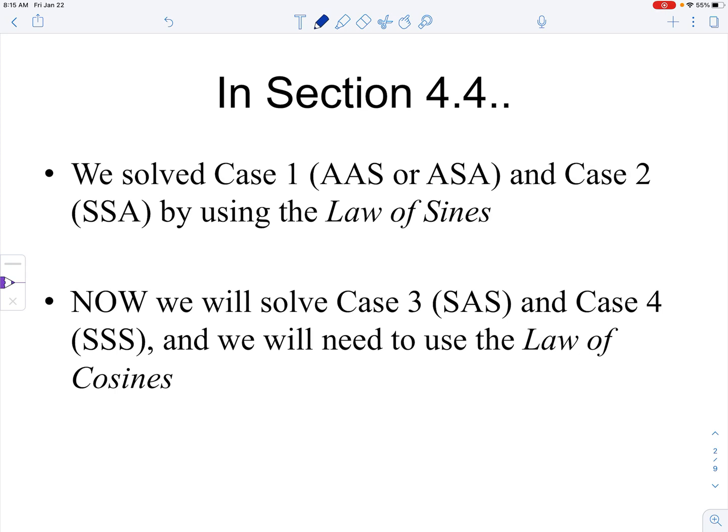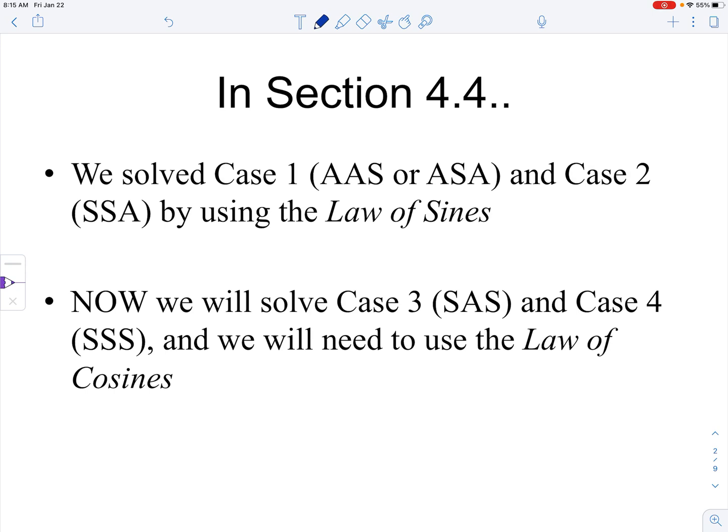Case 1 was whenever you know two angles and a side of a triangle, and then you're solving for the other angles and sides. And then case 2, remember, was that pesky ambiguous case, the SSA case, which you can also remember as the ASS case, where there could be 1, 2, or no triangles that exist based on the given information.